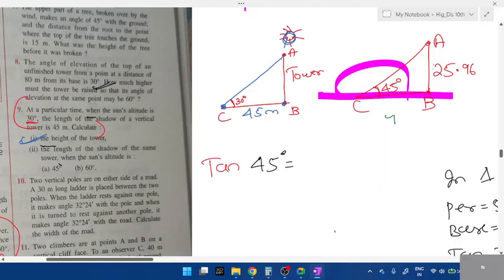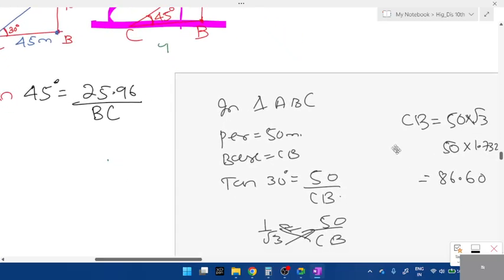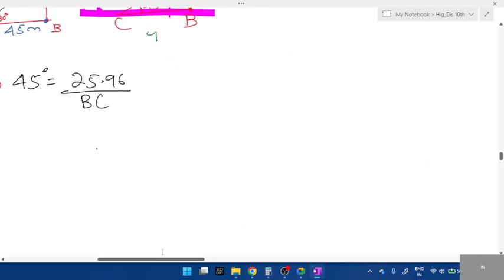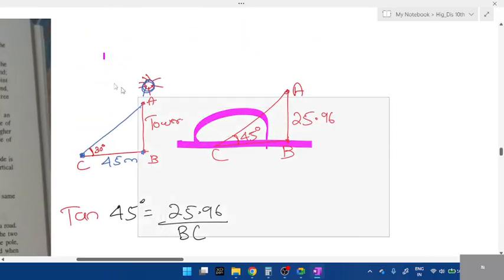This time, which one is given? The height of the building, right? And where is the shadow? The shadow is BC. Yeah, BC or CB. Now, this calculation, students, is a bit tricky. I'll tell you how to convert it to make the calculation simple. All of you concentrate. This is one of the toughest concepts in the calculation part.